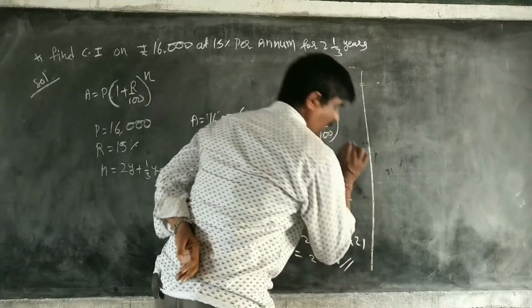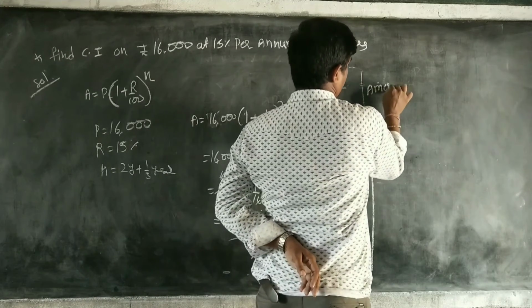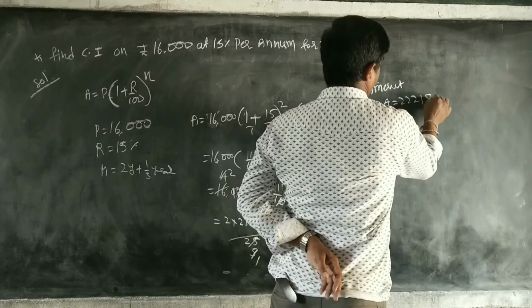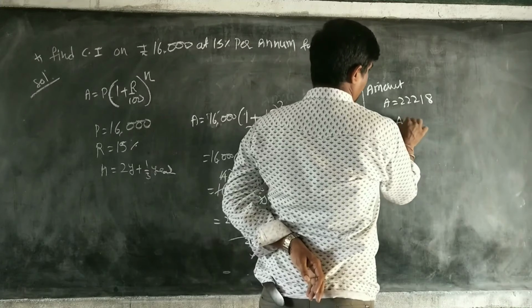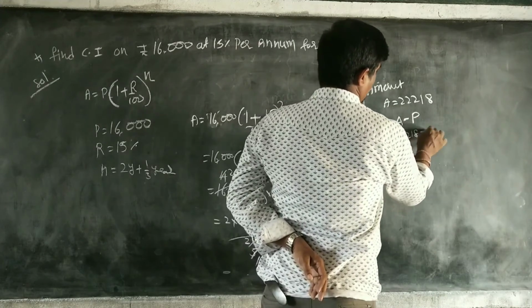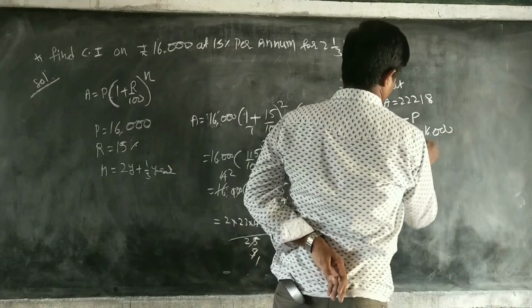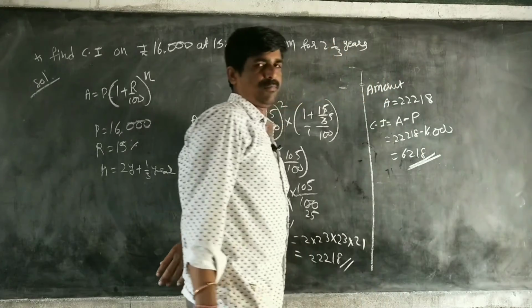This is the compound amount. Amount A is equal to 22,218. If you want compound interest, that is equal to A minus P, 22,218 minus 16,000, getting 6,218. This is the compound interest.